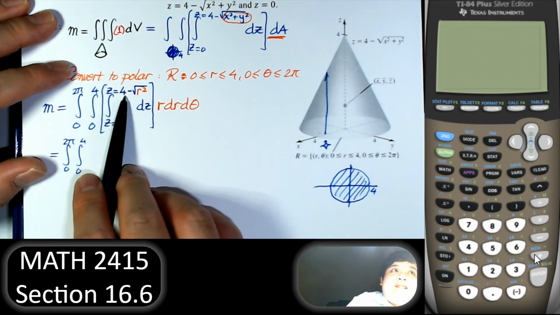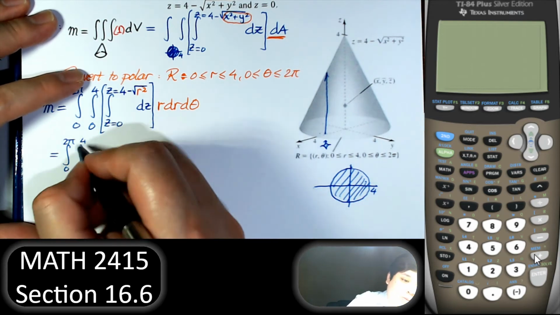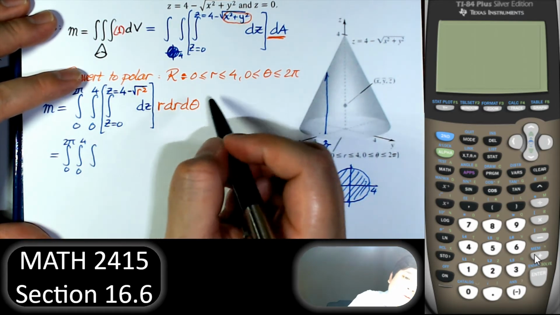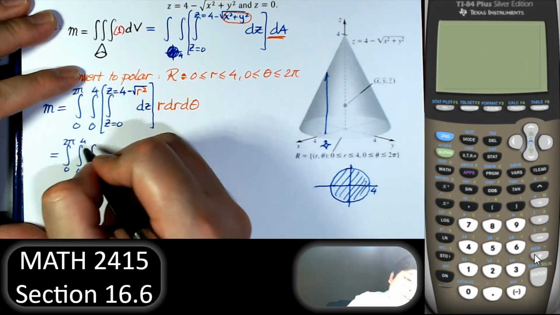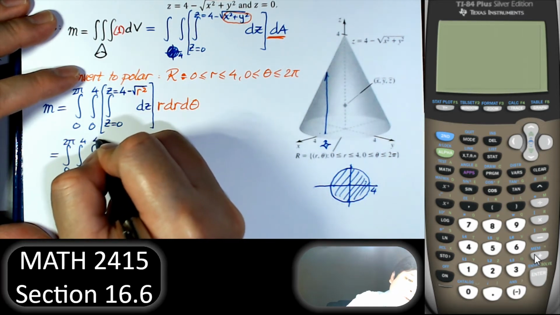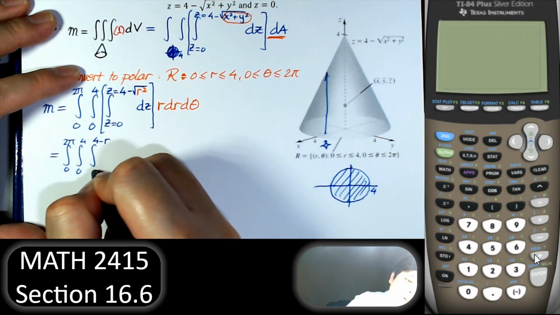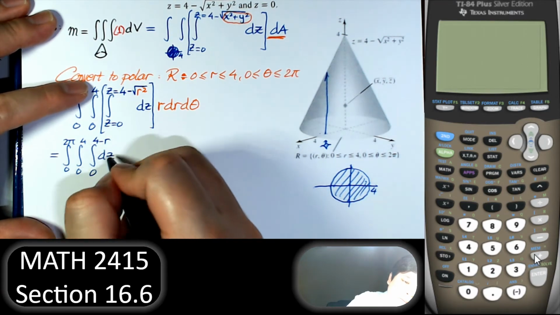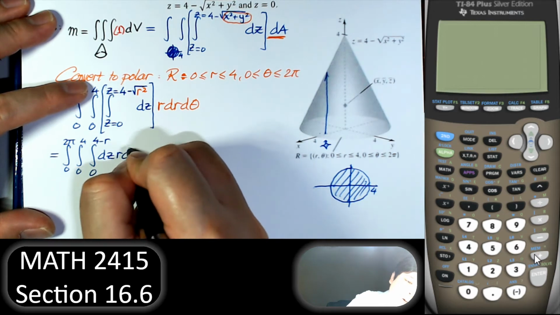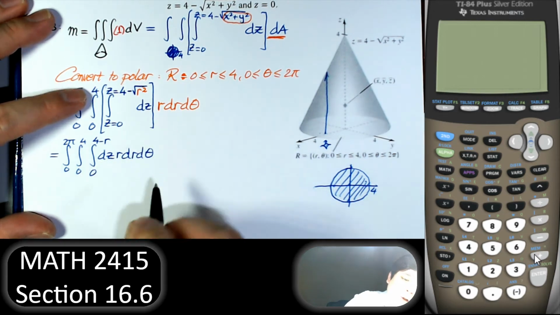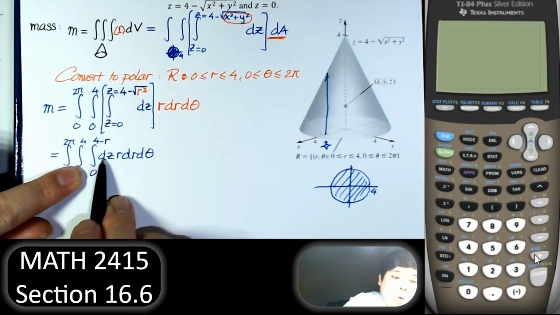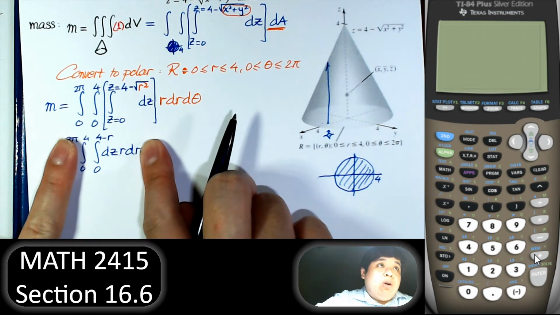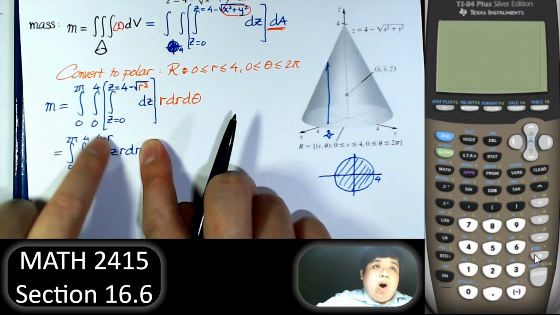This limit has the variable, so let's rewrite that as the square root of r squared. R goes from 0 to 4, so this is positive. So just say 4 minus r, times r dr d theta. The r here we can write here, or we can write here, as long as it is within the integral of dr. We cannot write the r outside of it.